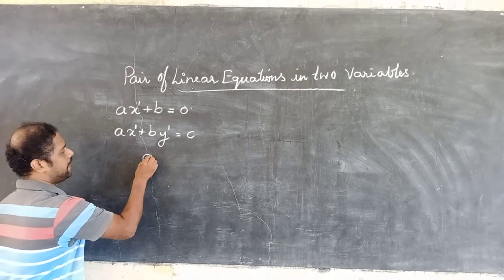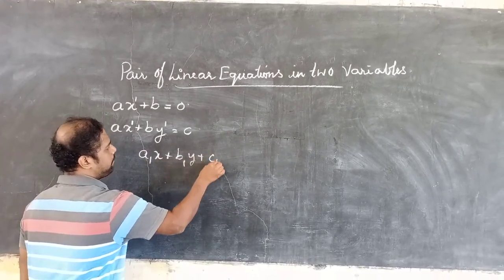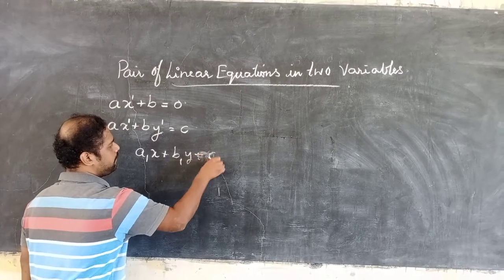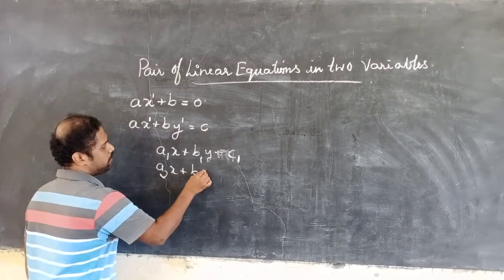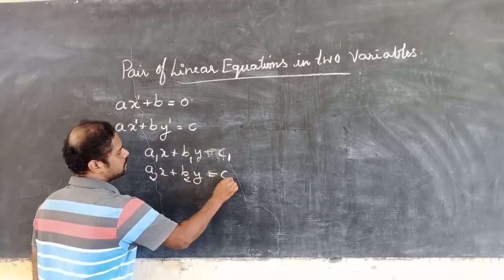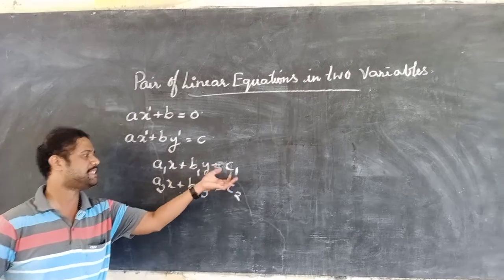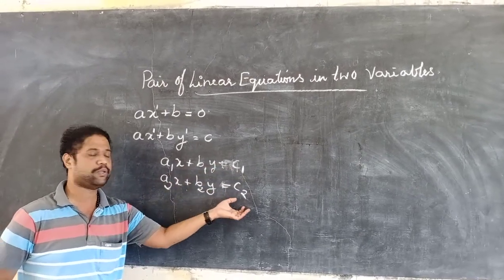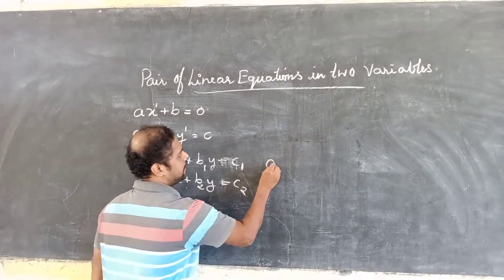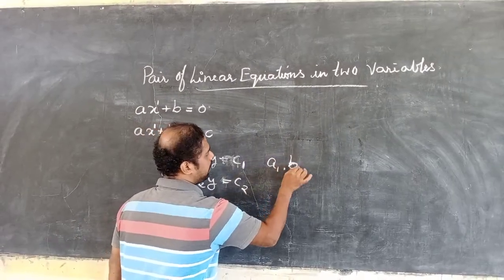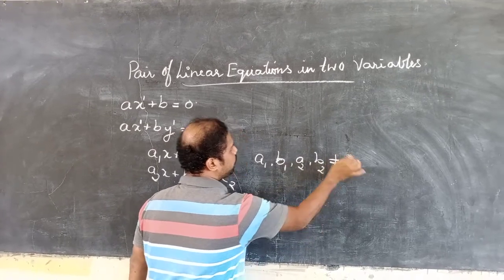So we write here one is a1x plus b1y is equal to c1, and a2x plus b2y is equal to c2. Here two equations are there. a1, b1, c1, a2, b2, c2 are all real coefficients, such that a1, b1, a2 and b2 are not equal to 0.